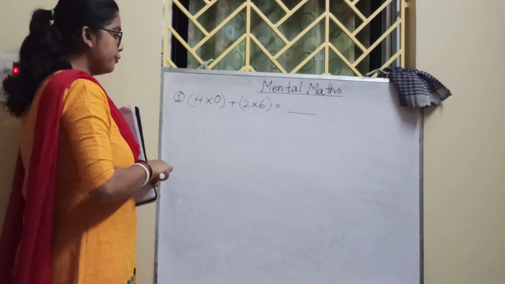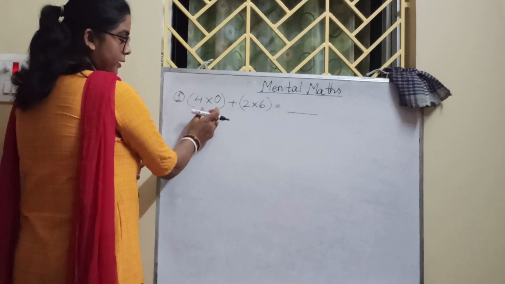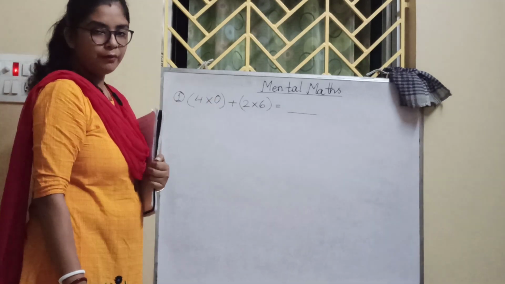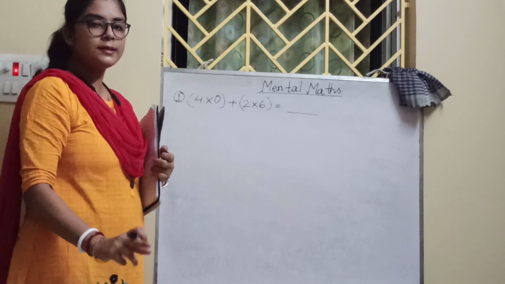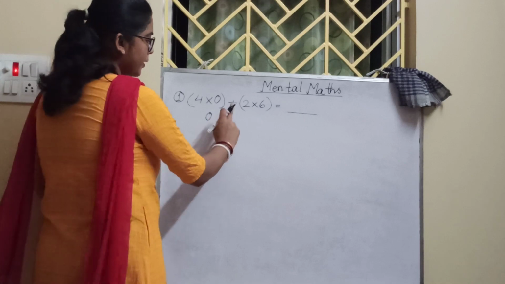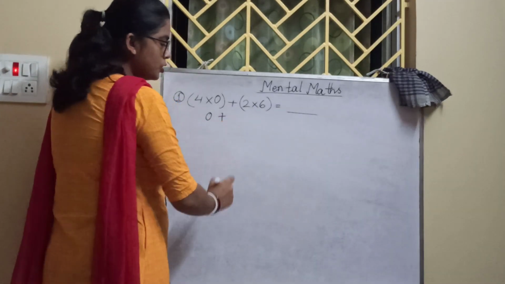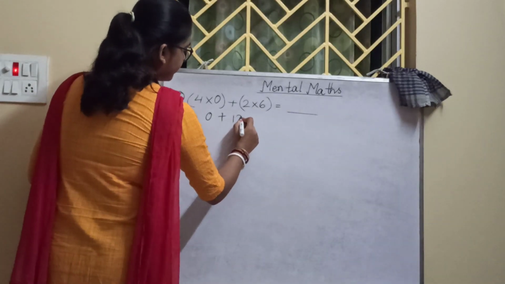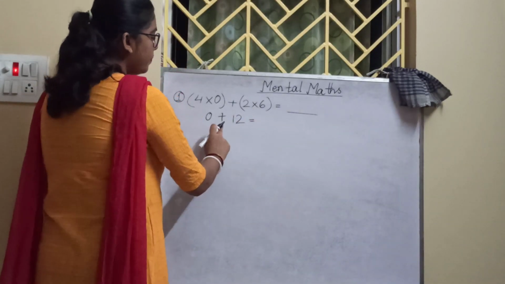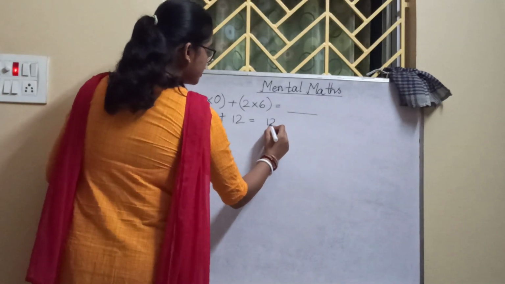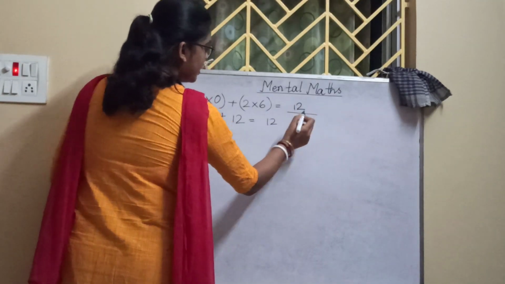First, see very carefully. 4 into 0: whenever we multiply any number with 0, we get 0 only. So here 0, then the addition sign, and 2 into 6 you all know is 12. So 0 plus 12 means 12. So the answer is 12.